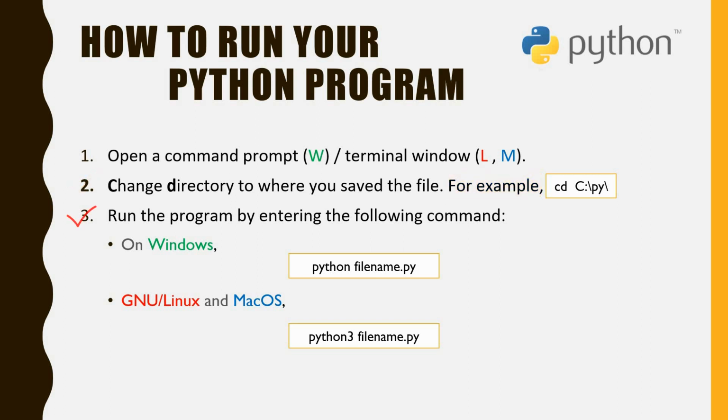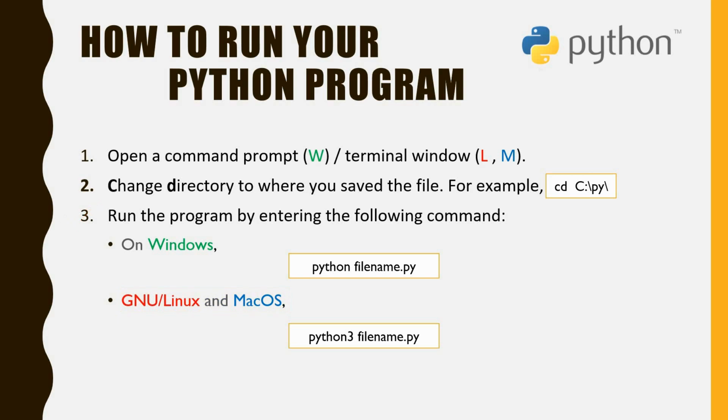The third step is to run your program by entering the following command into your command prompt or terminal window depending on your operating system. In case of Windows, we have to write python space the name of your file .py. In case of GNU Linux and Mac OS, you have to write python3 space the file name .py.